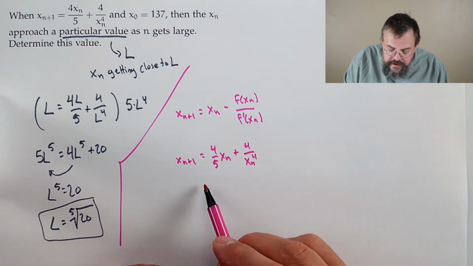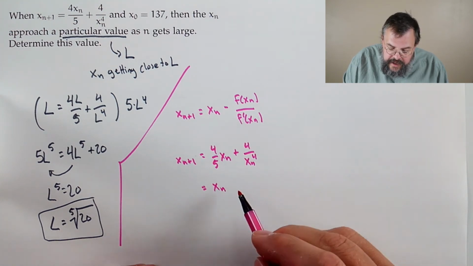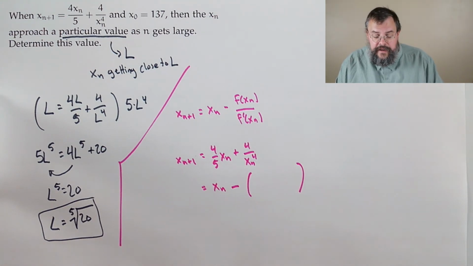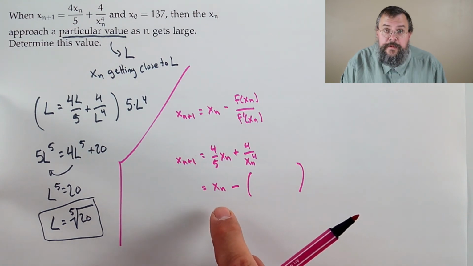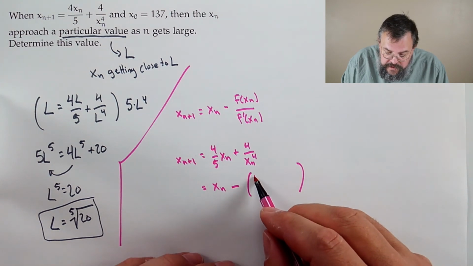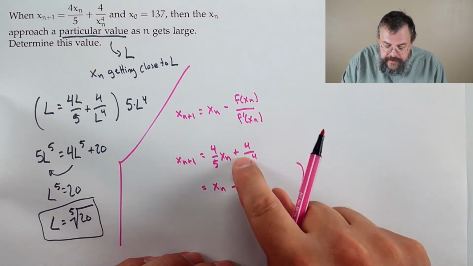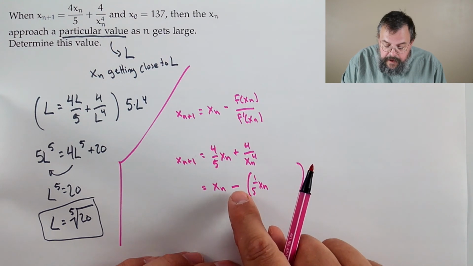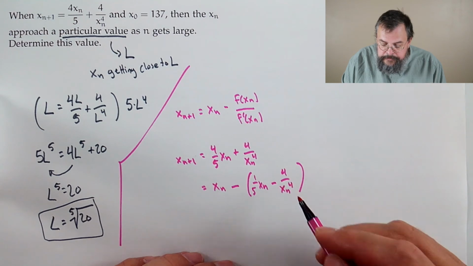Now, I'm going to say, well, this is really xn, and now I'm going to subtract other stuff. I just have to figure out what the other stuff is. You notice here how I have 4/5 xn. Well, what do I have to subtract from xn to get to 4/5 xn? The answer is 1/5 xn. That's how much I have to subtract. Don't forget you also have this piece, this 4 over xn to the 4th. So because of the minus, it'll become a minus 4 over xn to the 4th.